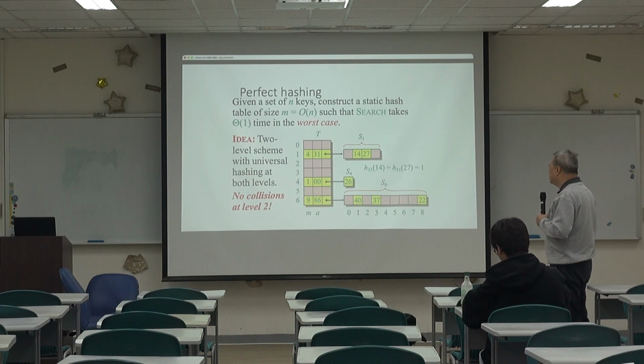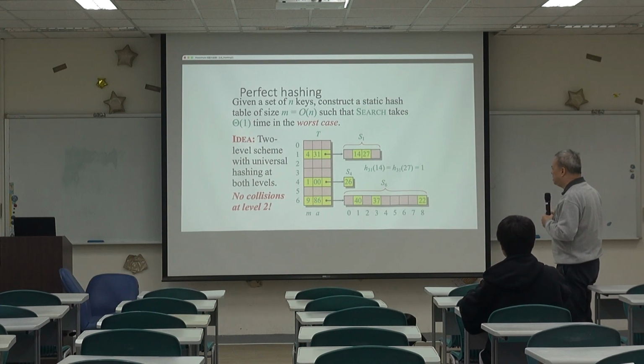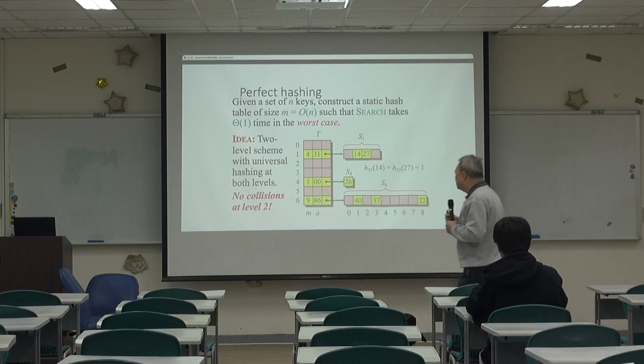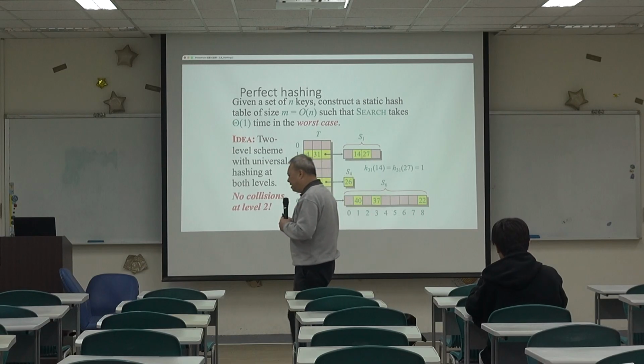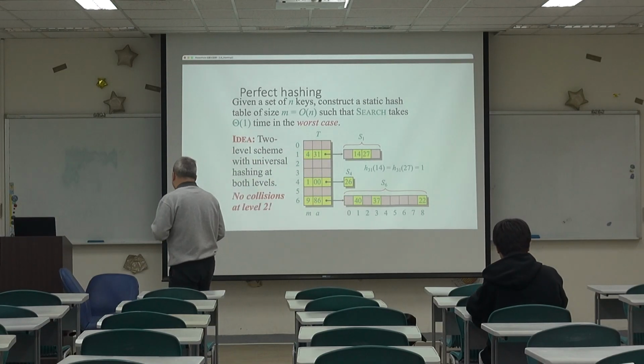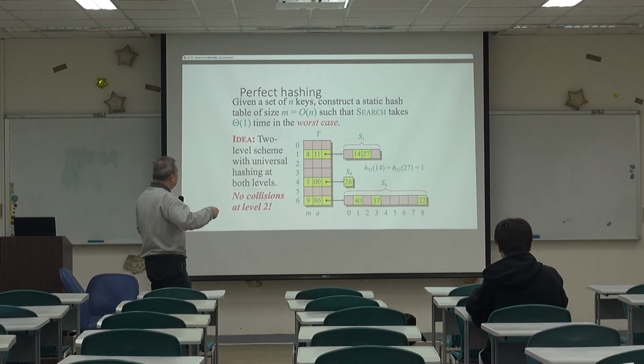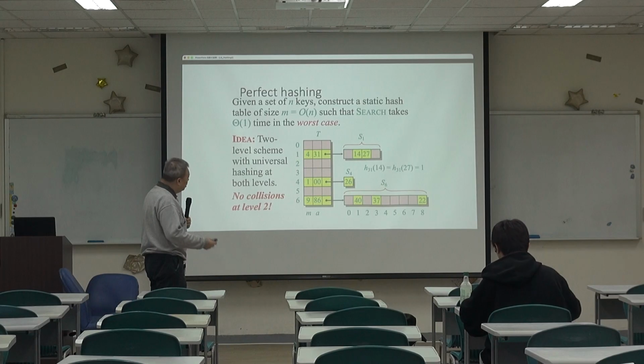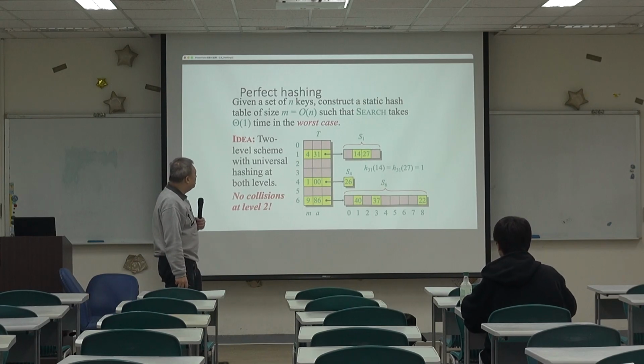We would like to construct a static hash table of size bounded by O(n), such that the search always takes constant time in the worst case.